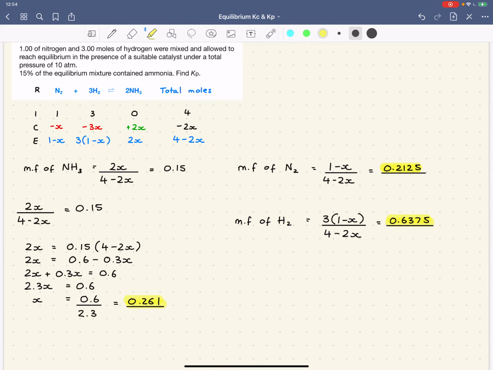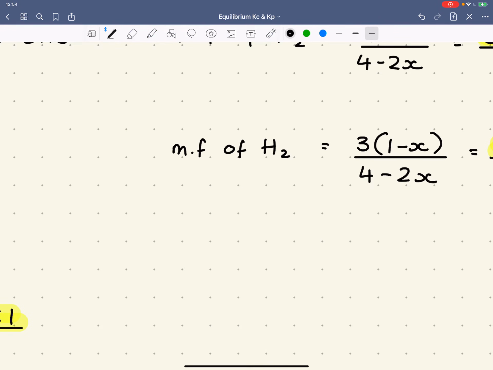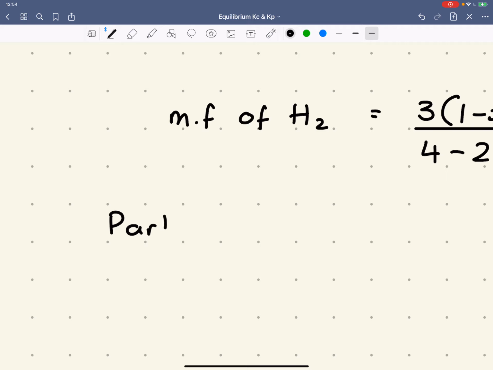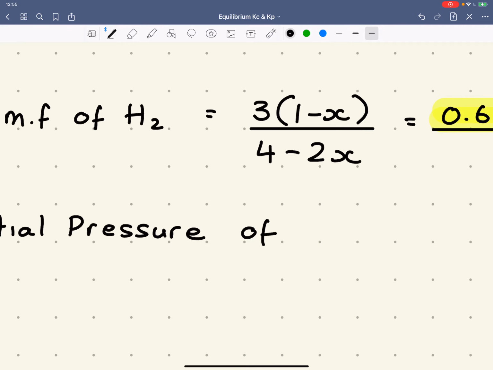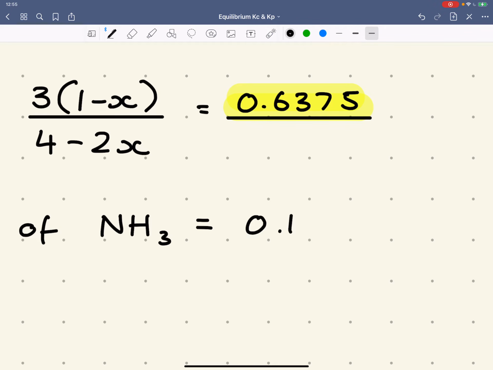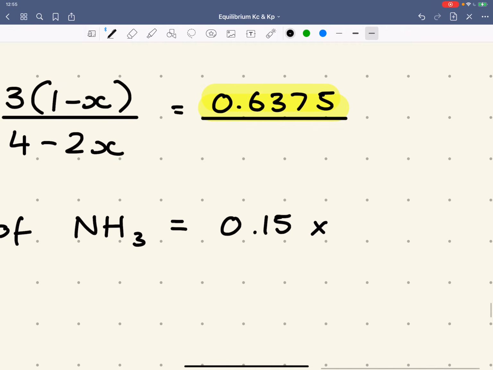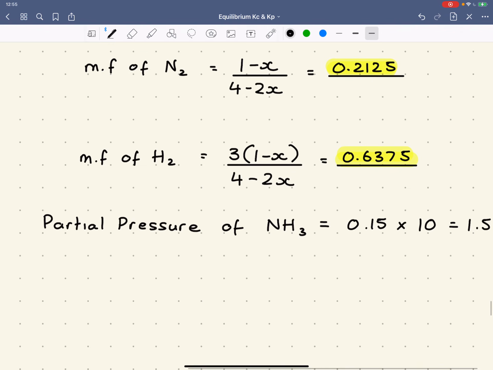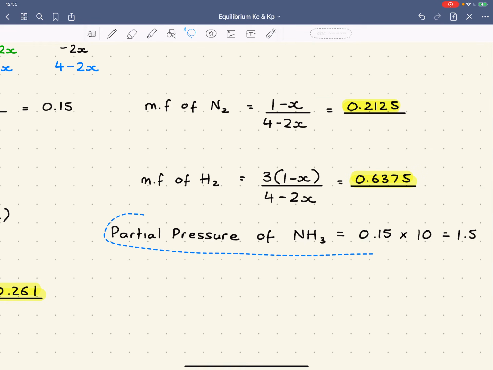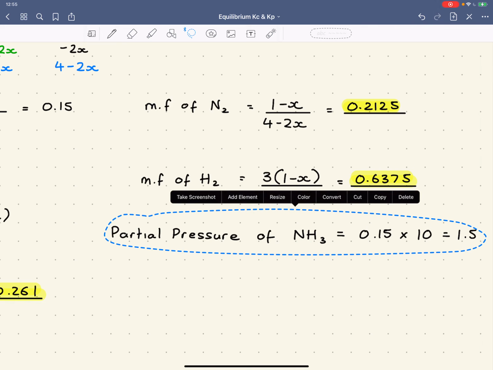We need to then get the partial pressures of each of these, and remember that partial pressure is mole fraction times total pressure. So the partial pressure of ammonia is going to be equal to 0.15 times 10, which is 1.5. I'm just going to copy and paste these to save time.